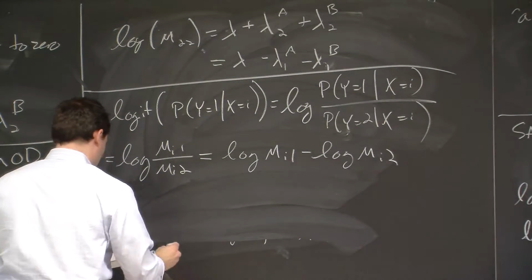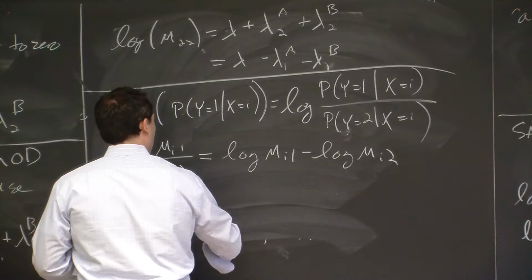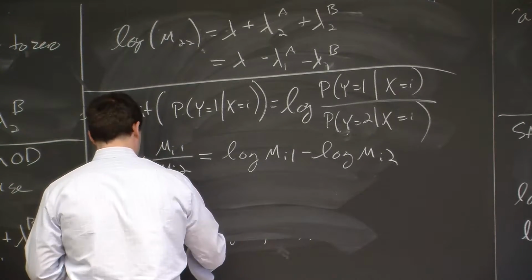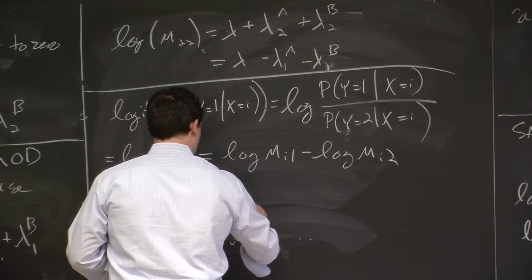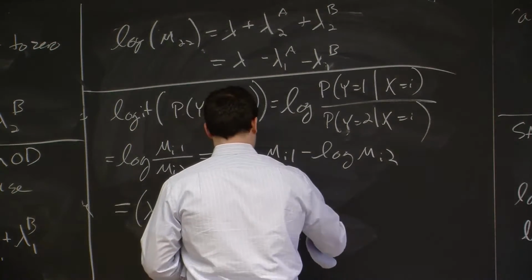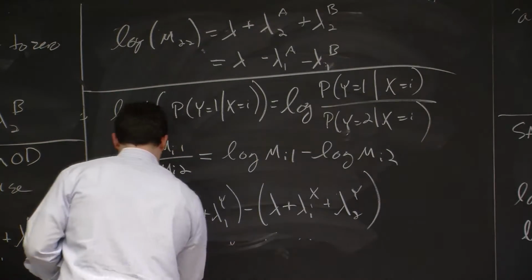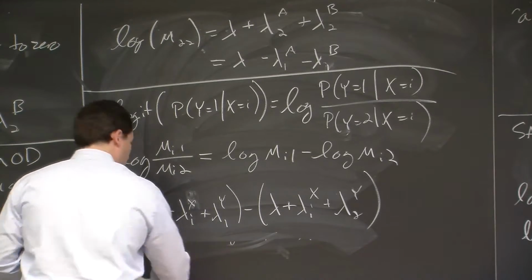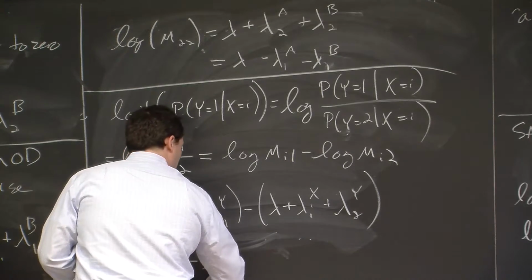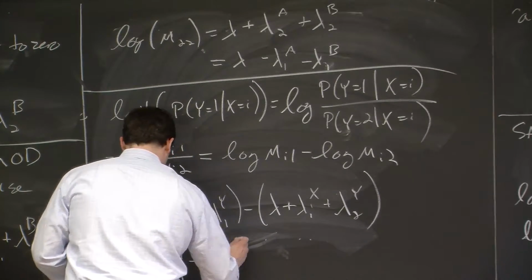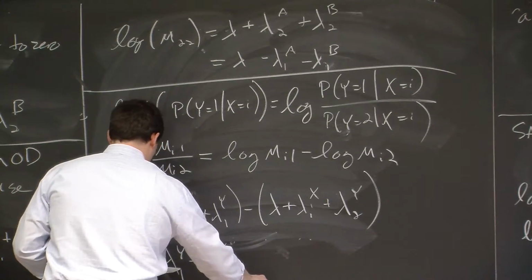And then plugging in our parameters, our model, that's lambda plus lambda ix plus lambda 1y minus lambda plus lambda ix plus lambda 2y, which is equal to, most of the stuff cancels out, and you get lambda 1y minus lambda 2y.